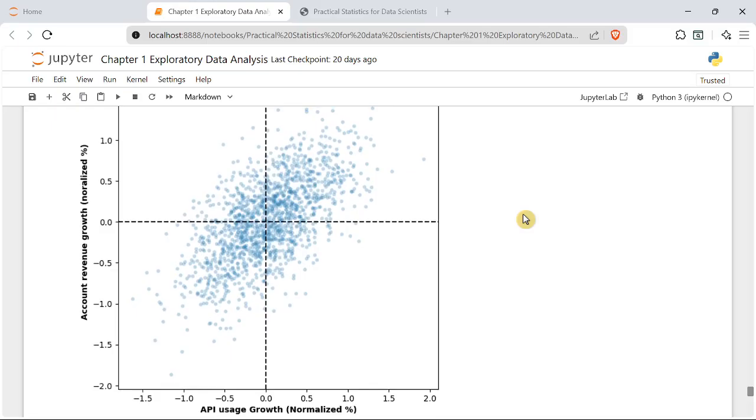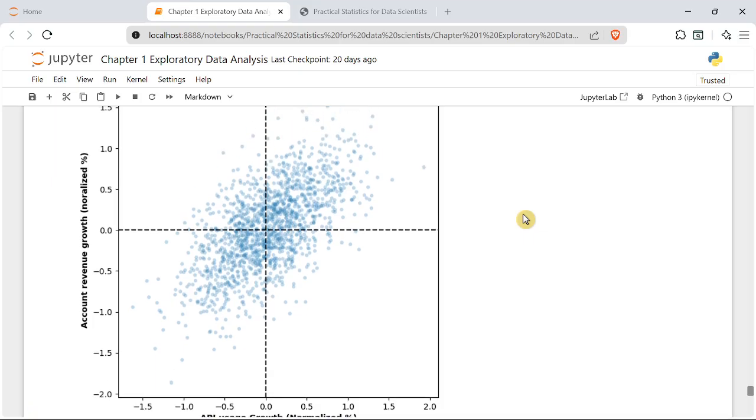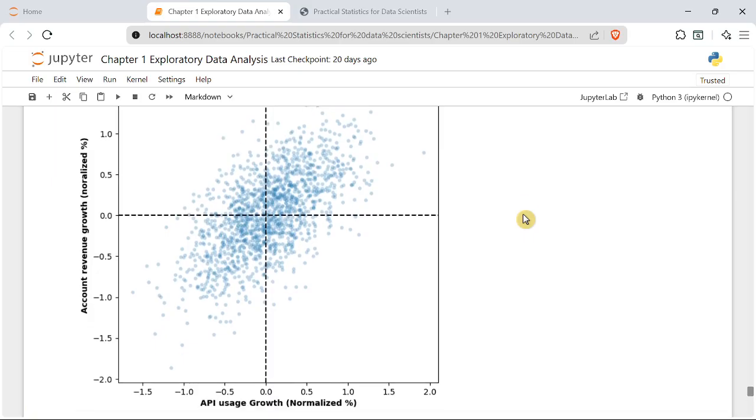By plotting our 1500 enterprise accounts on this scatter plot, and drawing strict zero lines on both axes, we have transformed a standard statistical chart into a four quadrant enterprise account health matrix.